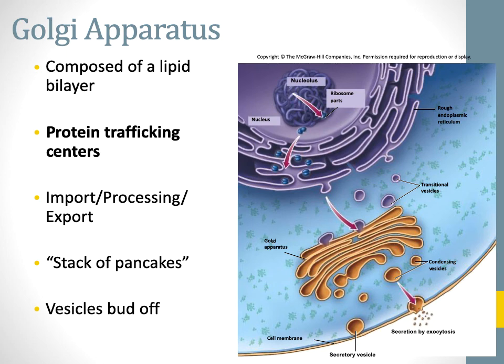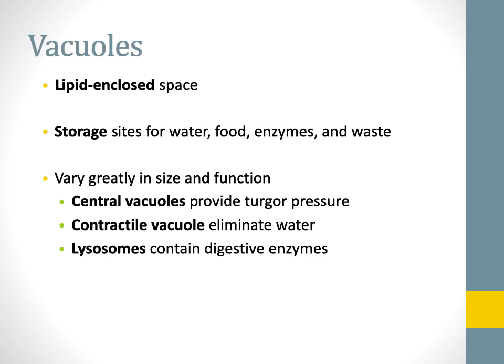And then as the proteins move through the Golgi apparatus, we're going to get modifications happening to it. And then as the vesicles bud off, they can then move to the surface of the cell where they can undergo exocytosis, releasing the proteins that were produced.